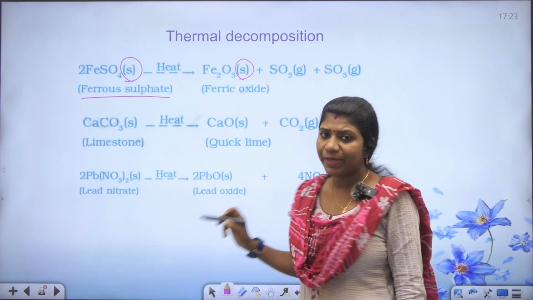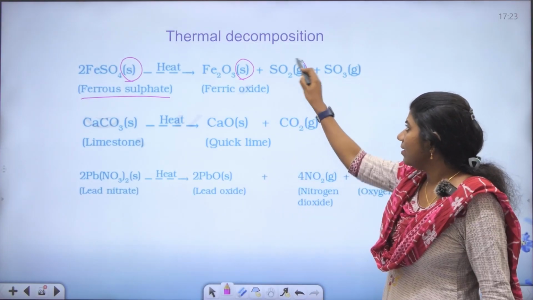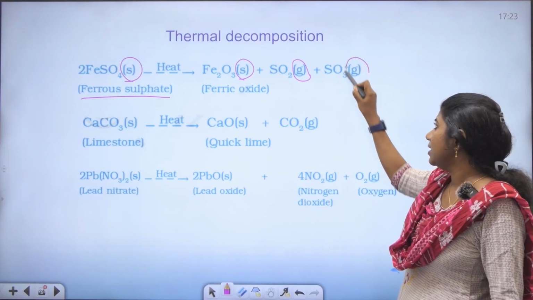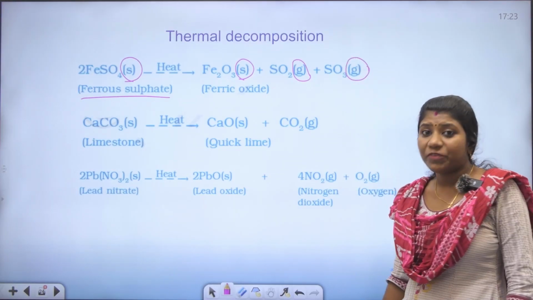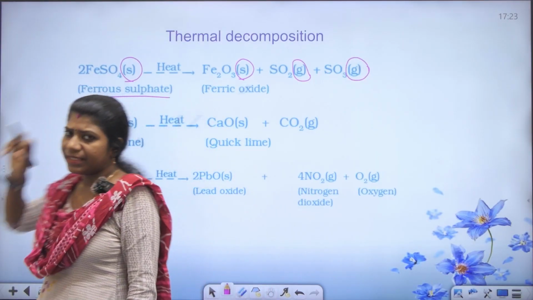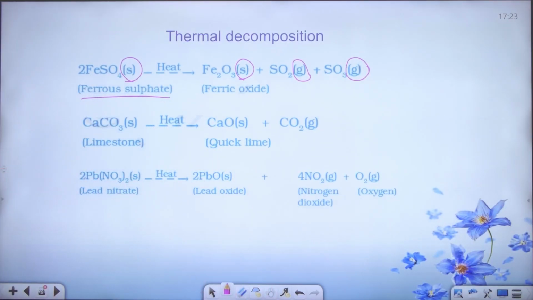SO2 G, that means sulfur dioxide in gaseous phase, and SO3 G, that is sulfur trioxide in gaseous phase. So this is an example for thermal decomposition reaction.